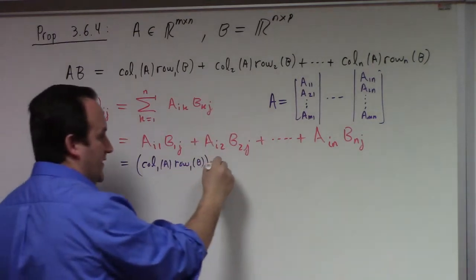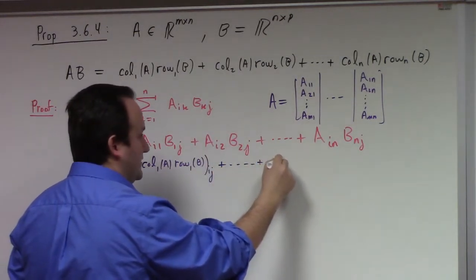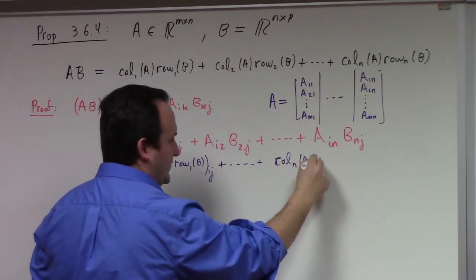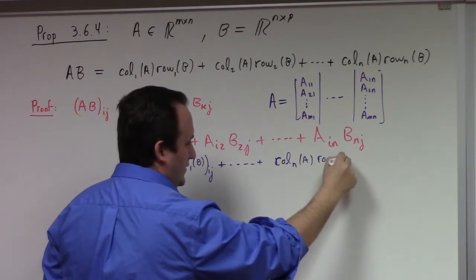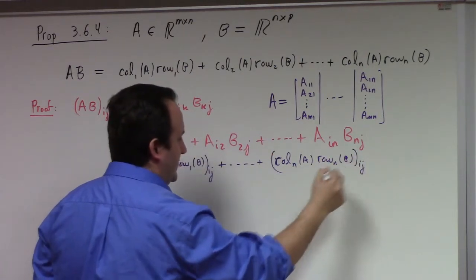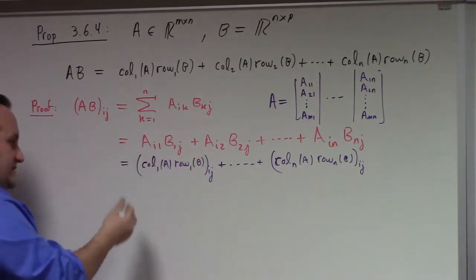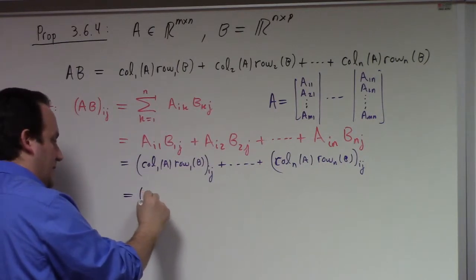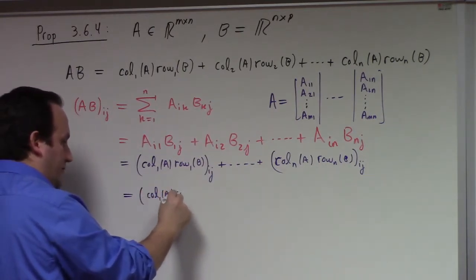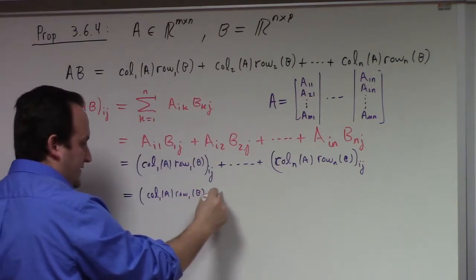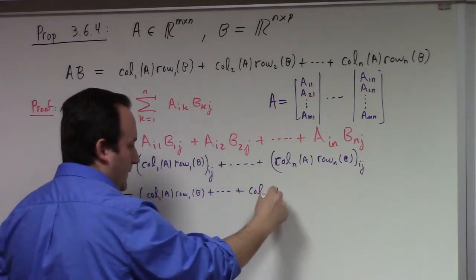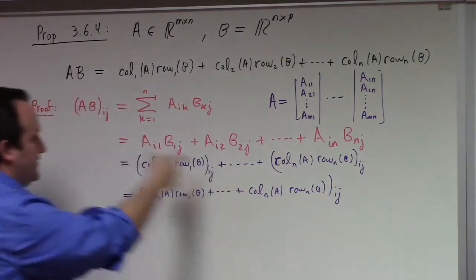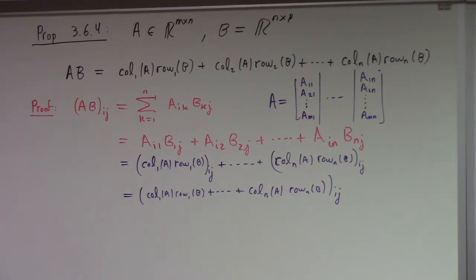Then this continues until you get to column n of A times row n of B, the ij entry. If you add these matrices together using the definition of matrix addition, you get the claimed column 1 of A, row 1 of B, plus and so on, plus column n of A, row n of B, ij. Since this holds for all i and j, the identity is true.